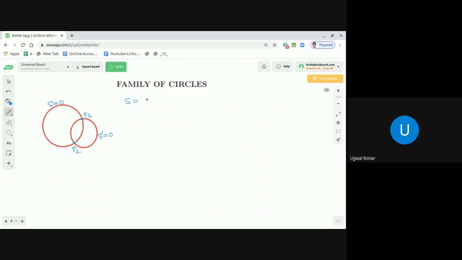S is x square plus y square plus 2gx plus 2fy plus c. And S dash is x square plus y square plus 2g dash x plus 2f dash y plus c dash.